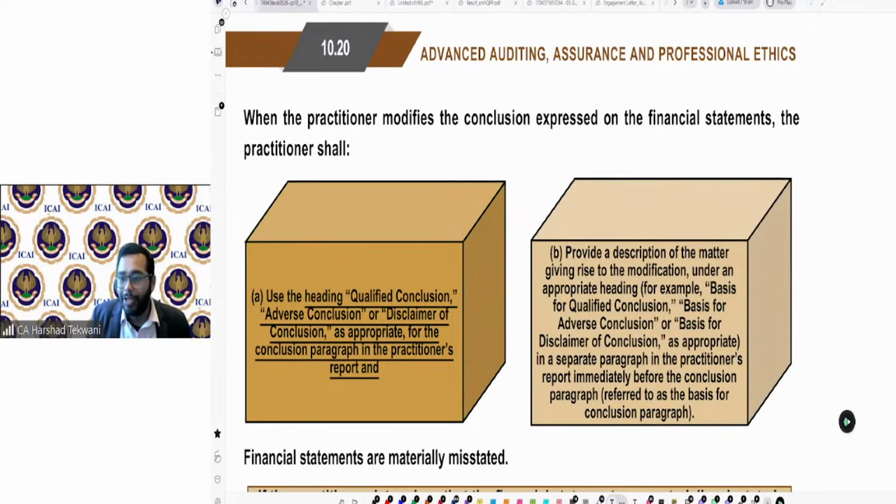So I need to use that heading, whether it's a qualified conclusion, adverse conclusion, or disclaimer of conclusion. Which conclusion is there, I need to accordingly specify based on the requirement.